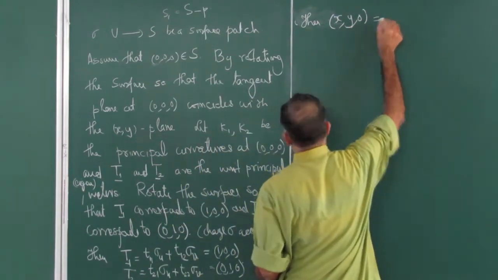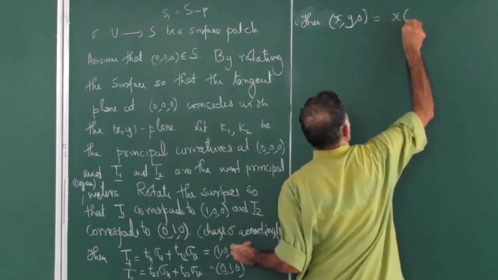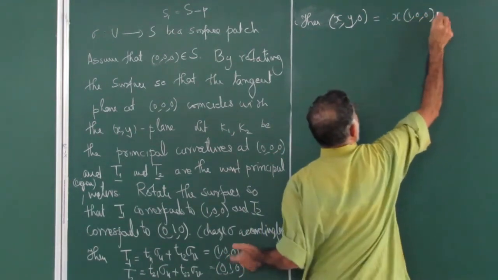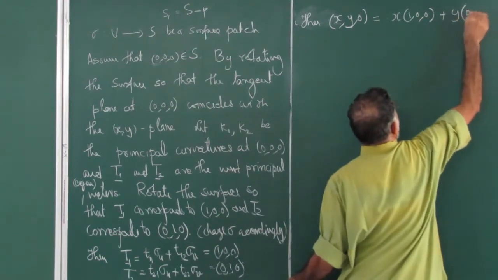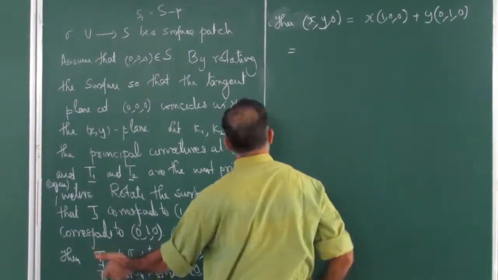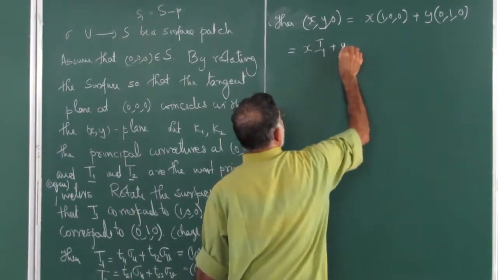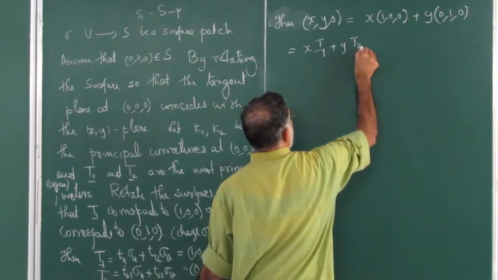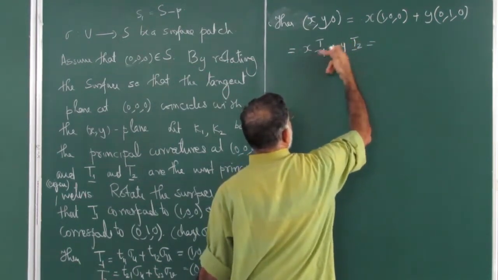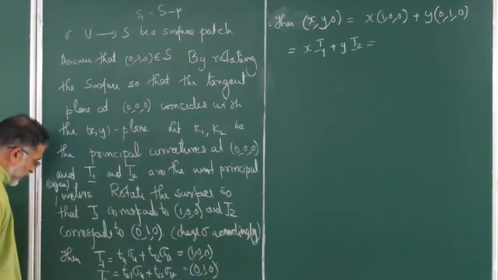What is x y 0? So that is going to be x times this plus y times 0, 1, 0. And what is that going to be? x times t1 plus y times t2. I keep writing this because I will be changing that later. Okay. So let us write down what will be that.